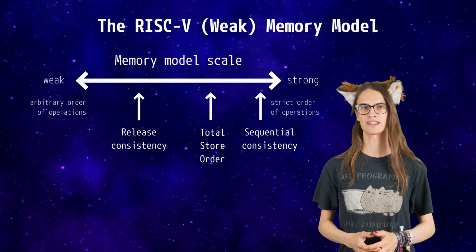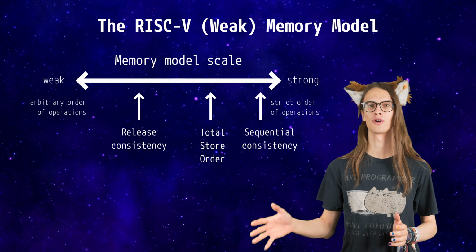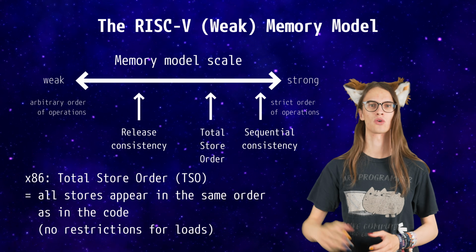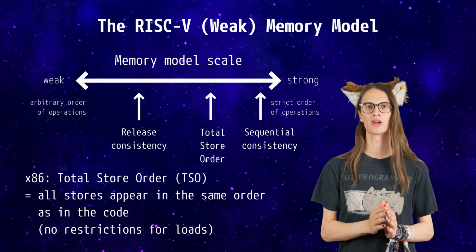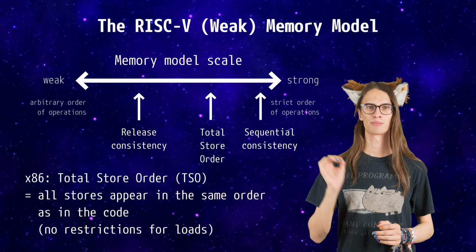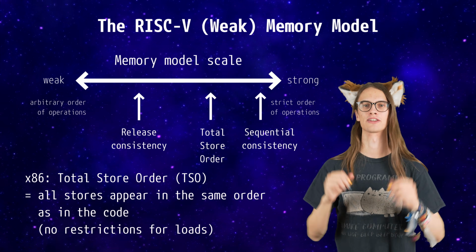Looking at x86, it uses a fairly strong memory model called total store ordering, which basically requires that all stores performed by a processor always appear in the program order. But processors can still load outdated values if they haven't seen a store yet.